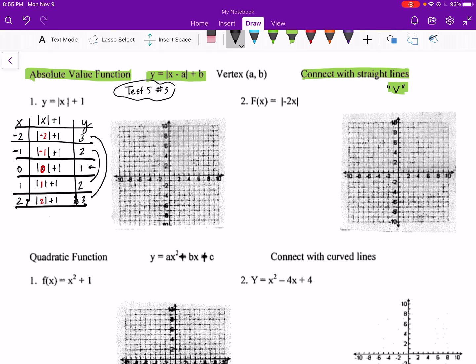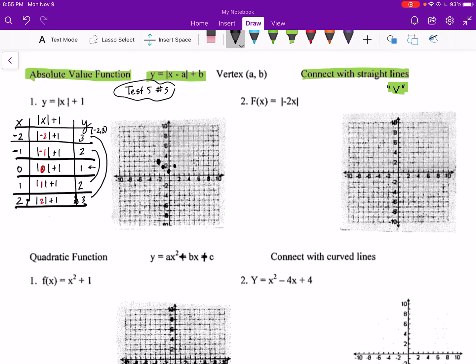So let's go ahead and plot these points. So as you know, it's -2, 3 I'm plotting. So at -2, 3, I make a dot. I have -1, 2, so -1, 2, I make a dot. 0, 1, I make a dot. 1, 2 is right here and I make a dot.